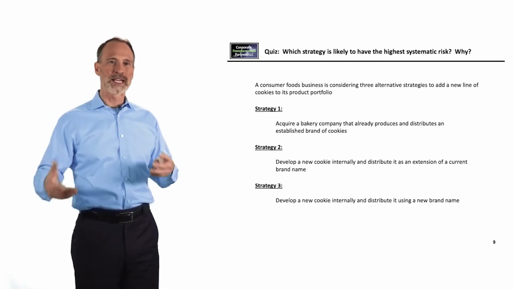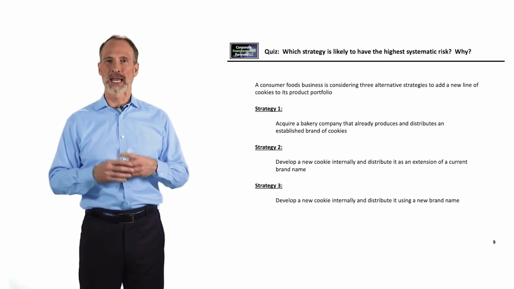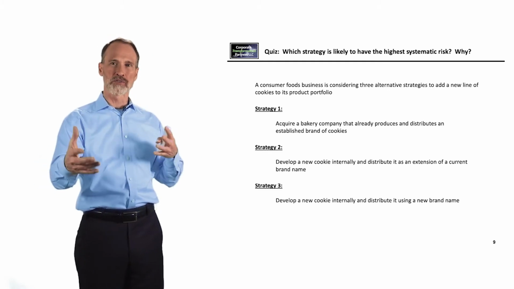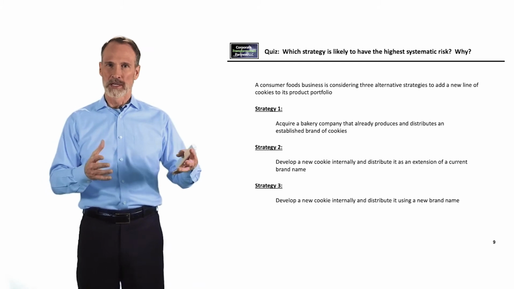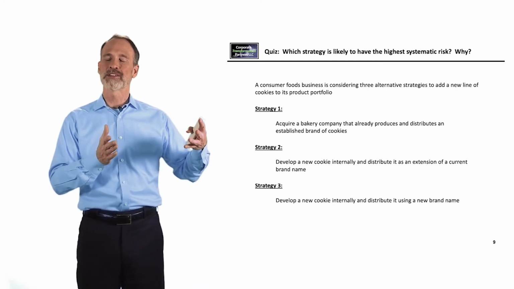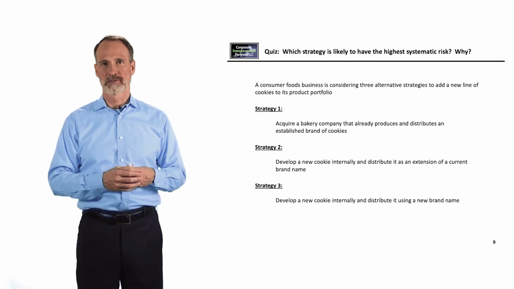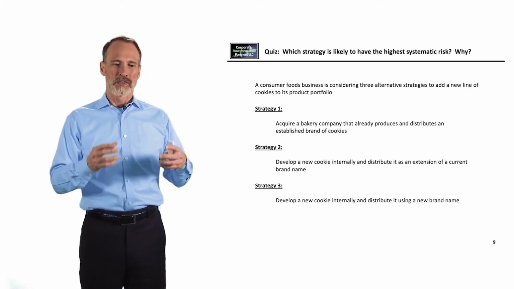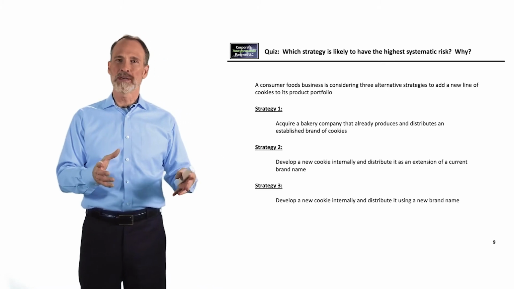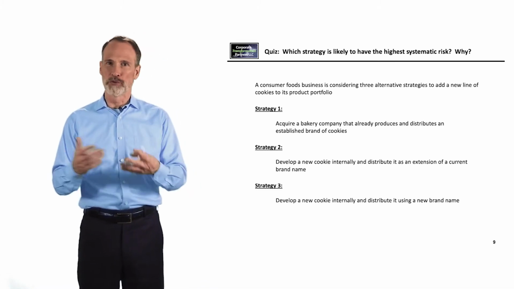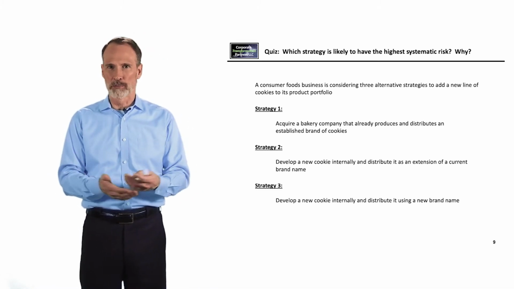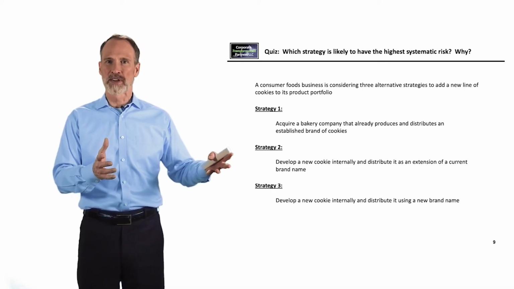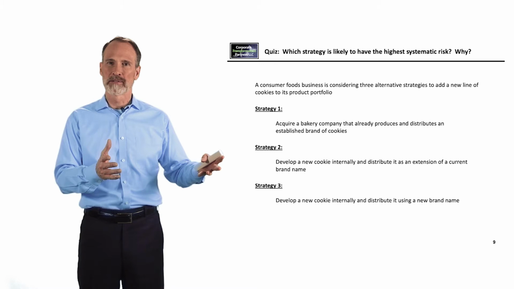If that's true, and it's also true that strategy 3 has the most risk, what effectively we're saying is that the way in which strategy 3 is most risky is that it has more specific risks. So let's test that for a second. Does the success of a new cookie have more to do with a company's food chemists and their ability to produce something nifty, or does it have more to do with macroeconomic factors that cannot be diversified away?